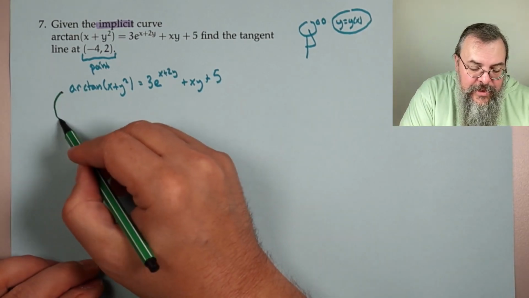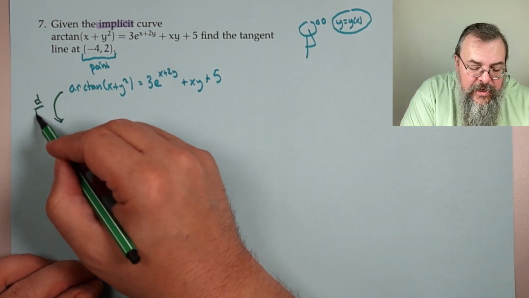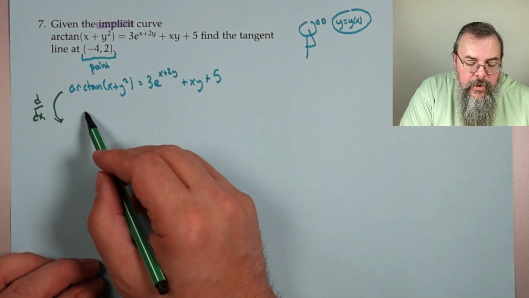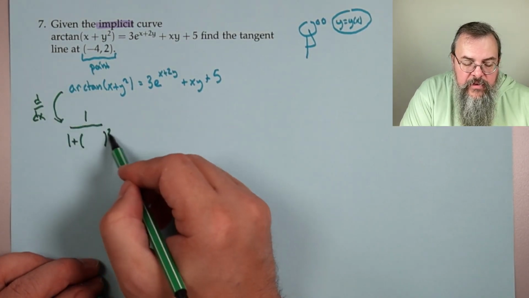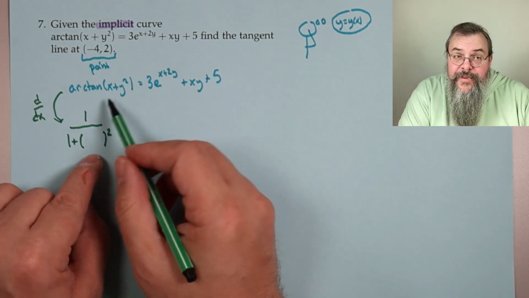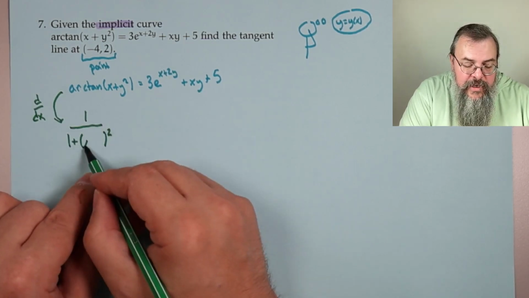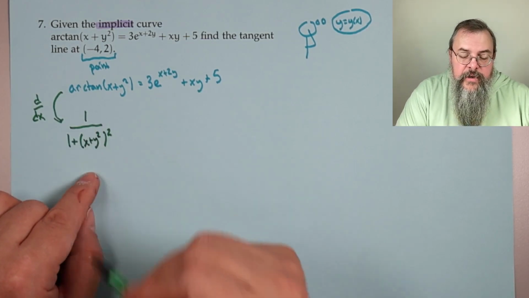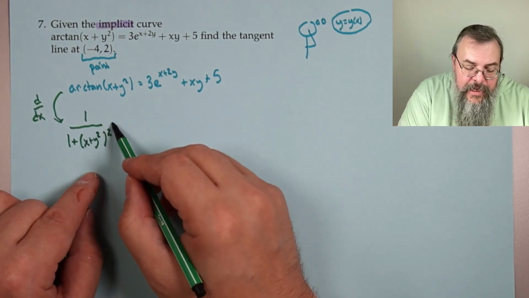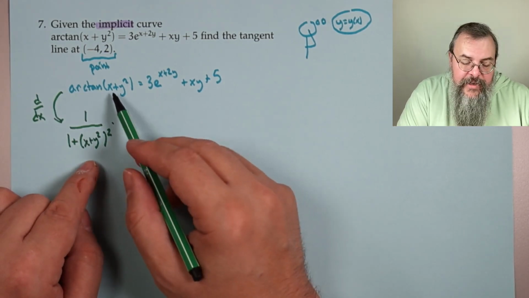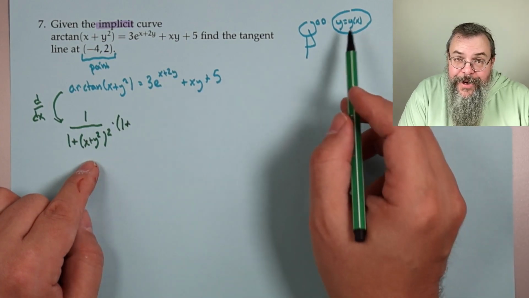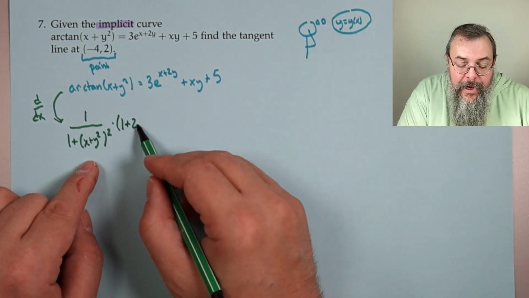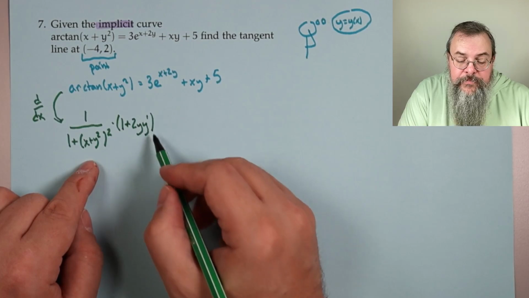So d/dx of arctangent will be 1 over 1 plus something squared. That something is what's on the inside of our tangent, x plus y squared, squared, times the derivative of the inside. Derivative of x is 1. Derivative of y squared, remembering that y is a function of x, 2y y prime.